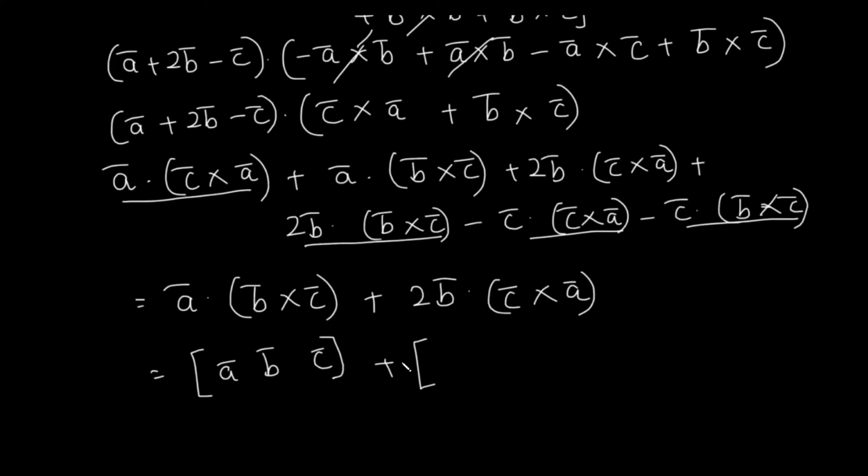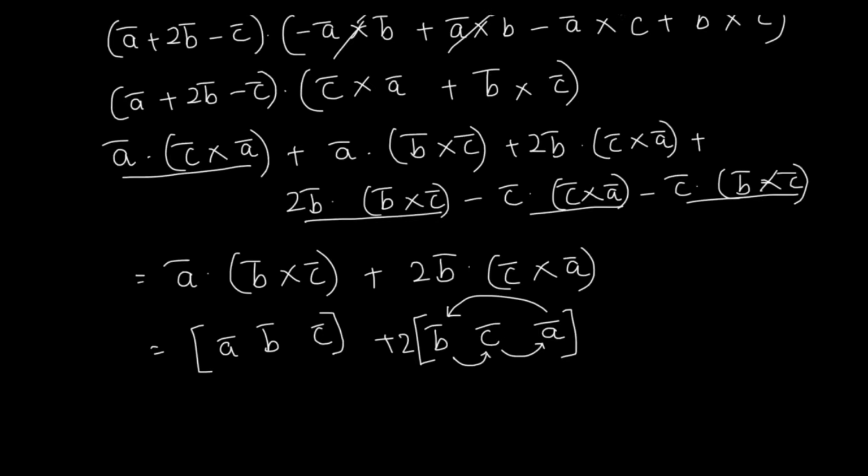box 2 can be written over here, BCA. Now this BCA we can change in a cyclic manner. A comes here, B goes here and C goes here. That means there is a cyclic change, which keeps the values as they are. It does not change the value of the scalar triple product.